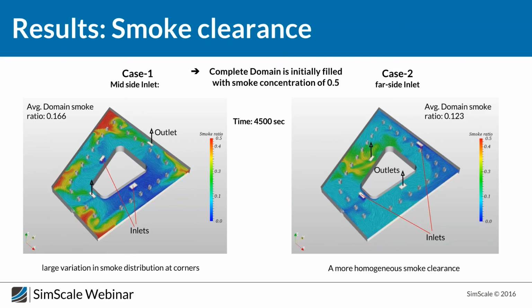In this case, as you can see, the average value of smoke concentration in the domain is lower. It's not much lower than what we had before, but the overall quality is more homogeneous than what we had. So in that case, we had areas which still had the maximum concentration of smoke and areas which had the normal healthy levels of smoke.